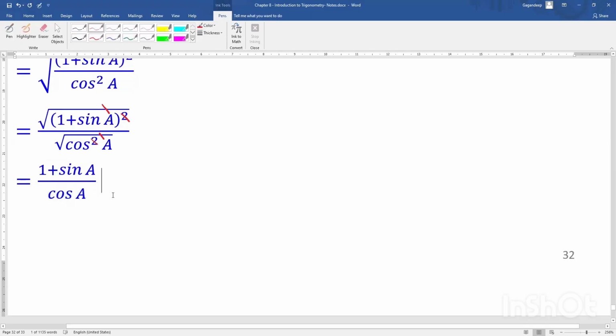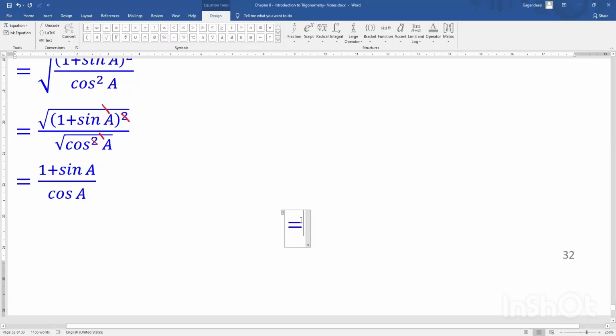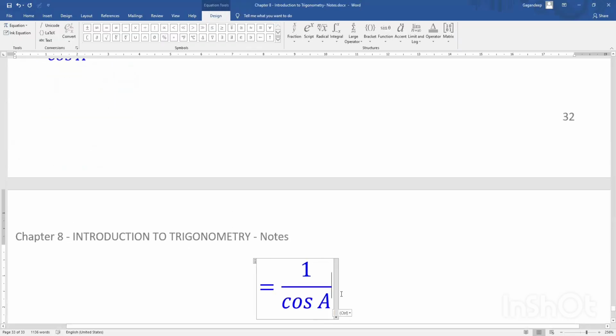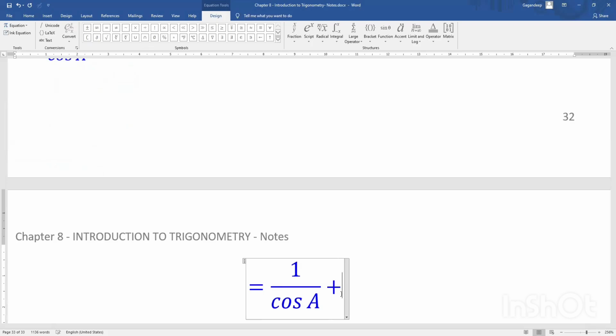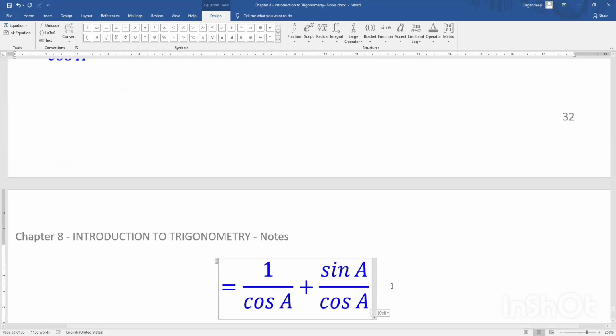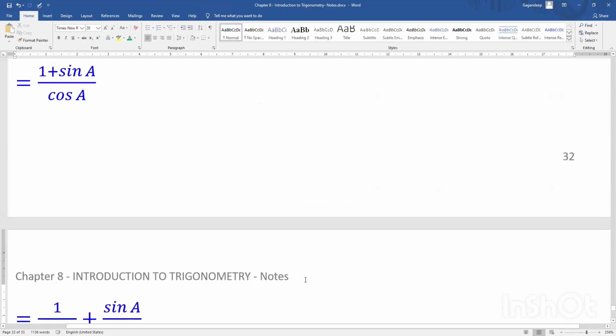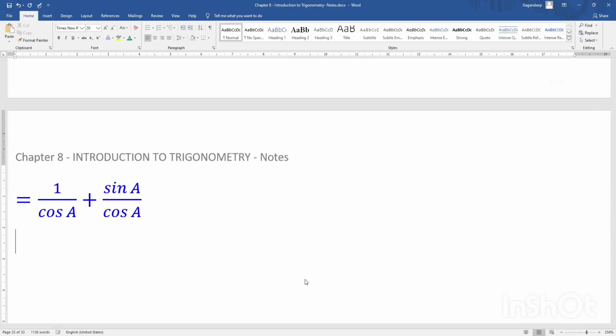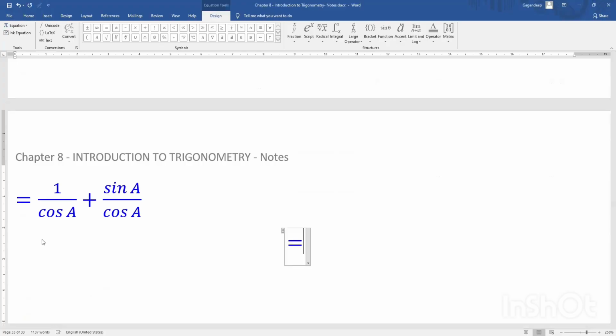Cos A you can keep as the common denominator, so I can write 1 by cos A plus sine A by cos A. Now 1 by cos A is nothing but secant A, and sine A by cos A is nothing but tan A. So it is equal to secant A plus tan A.